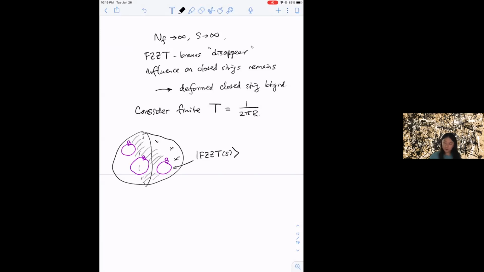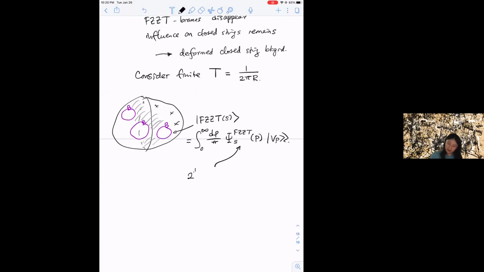Let me remind you what this boundary state looks like. It looks like the integral from 0 to infinity dp over pi of this one-point function psi s FZT, which depends on Liouville momentum P, times the Ishibashi state. And this one-point function is some numerical factor times cosine of 4 pi sp over sinh 2 pi p.